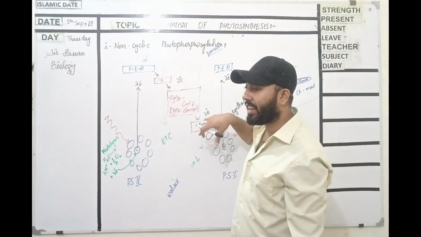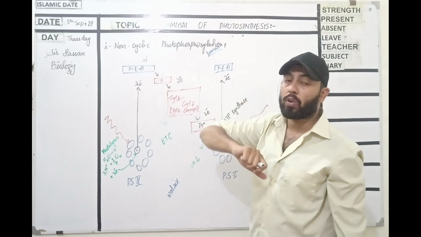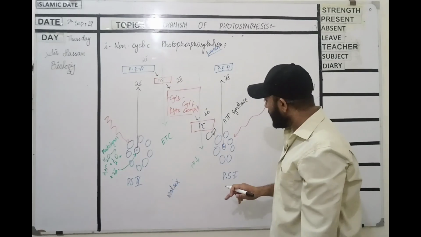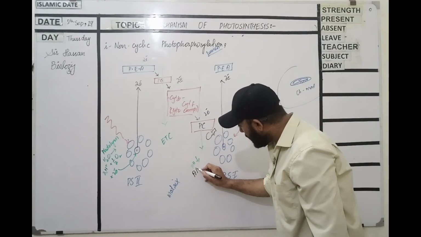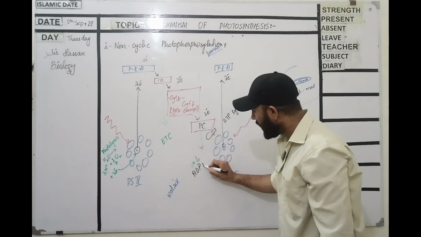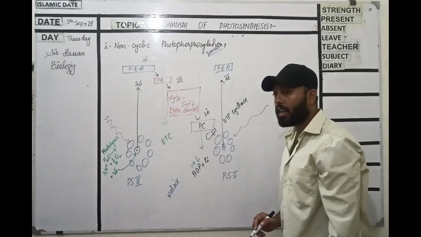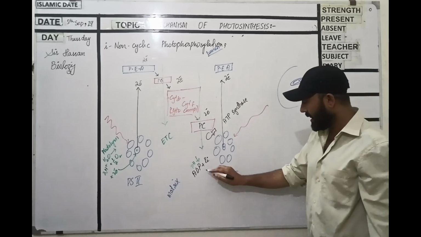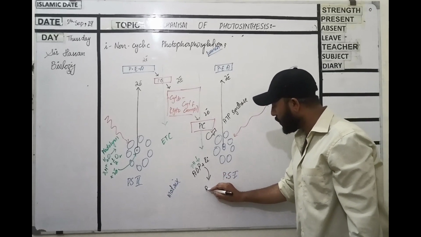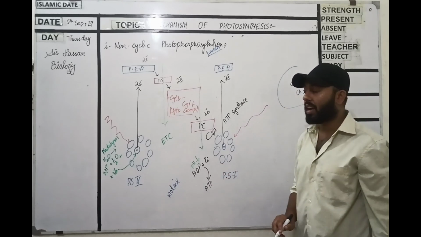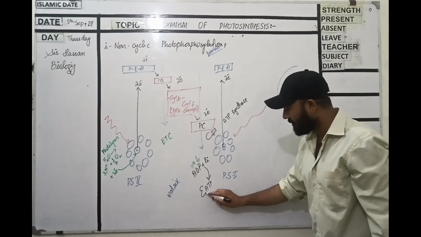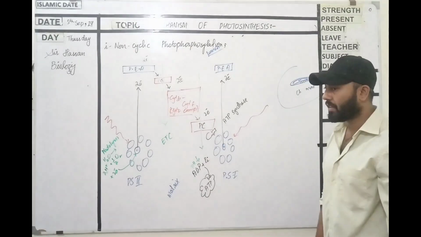That is why we have named this step as non-cyclic photophosphorylation. The ADP molecule, adenosine diphosphate, will be reacted with an inorganic phosphate and it will be converted into ATP, adenosine triphosphate. This is our first product of light reaction.